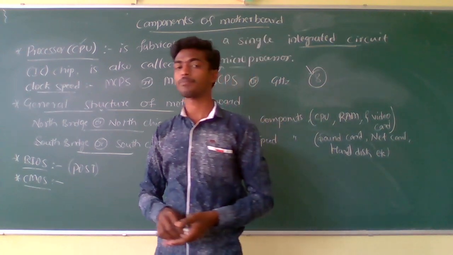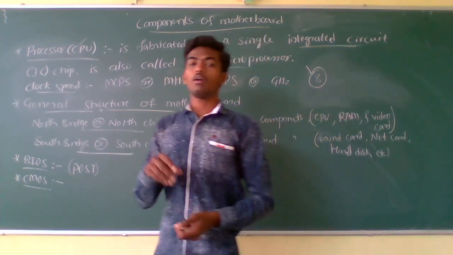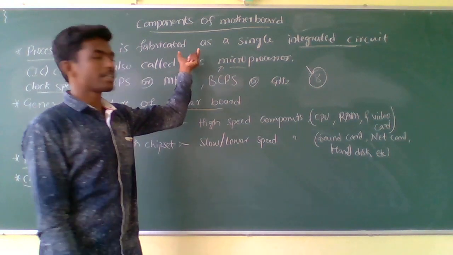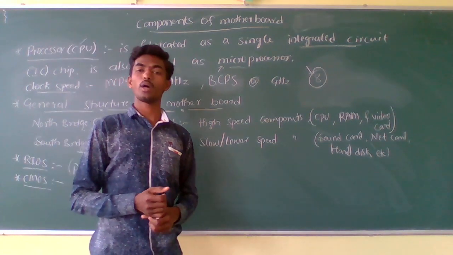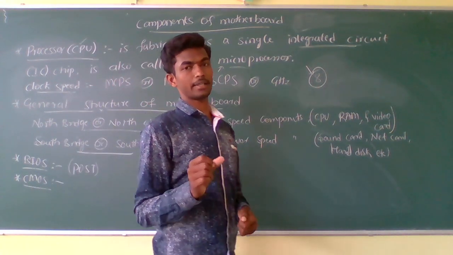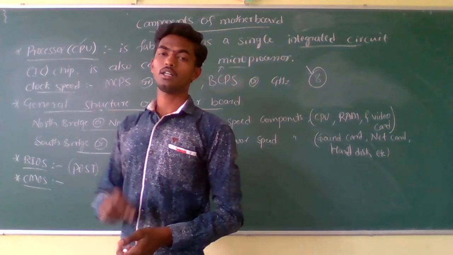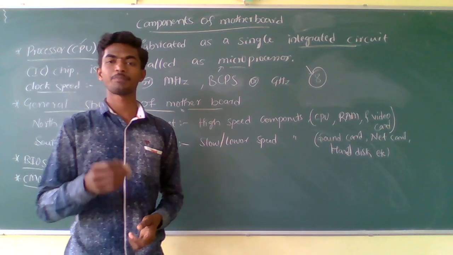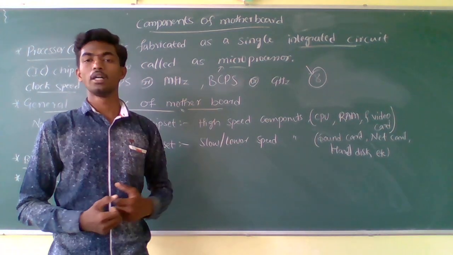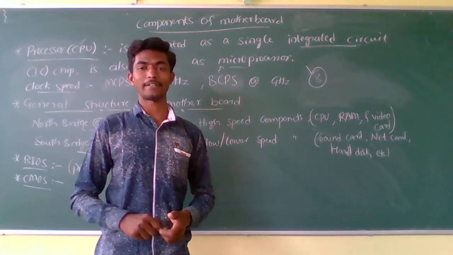Then coming to the main point, the working nature of a processor: it contains an ALU, a control unit, and small amounts of memory space like registers. Different types of registers the CPU contains.